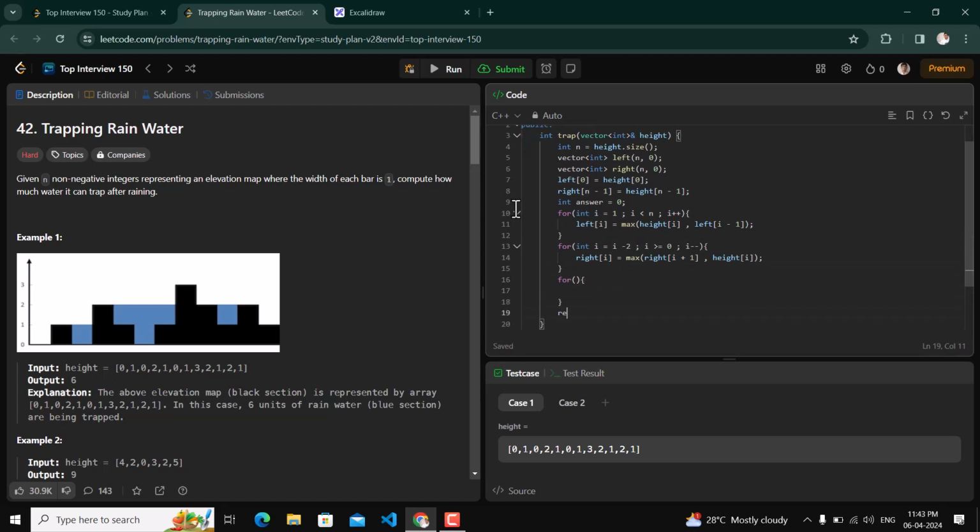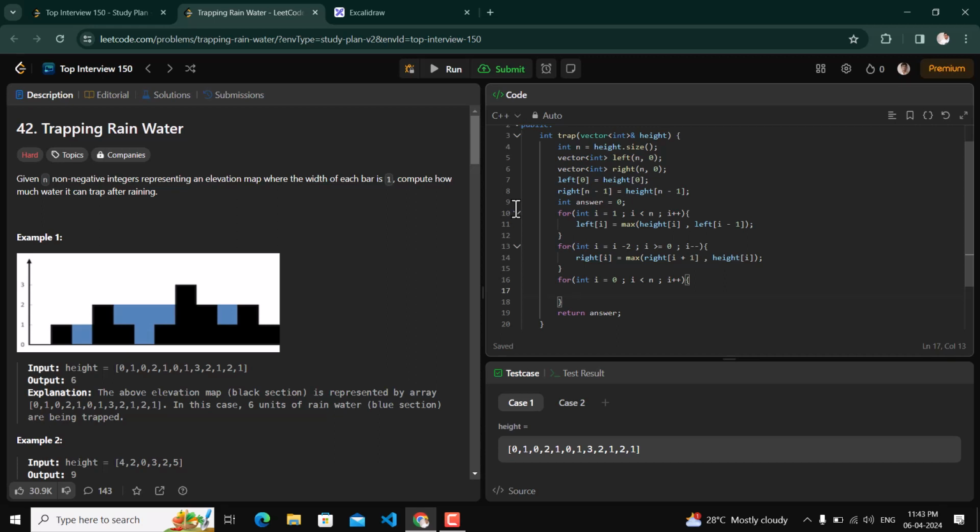We will iterate int i is equal to 0, i is less than n, i++.